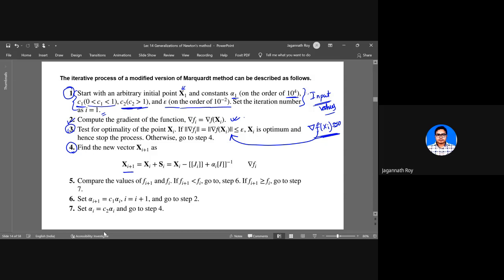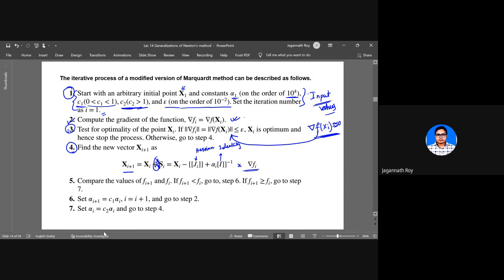This is nothing but, J is the Hessian matrix, I is the identity matrix, and this is multiplied by the gradient at that point. So here you can see that we are not using any lambda star.